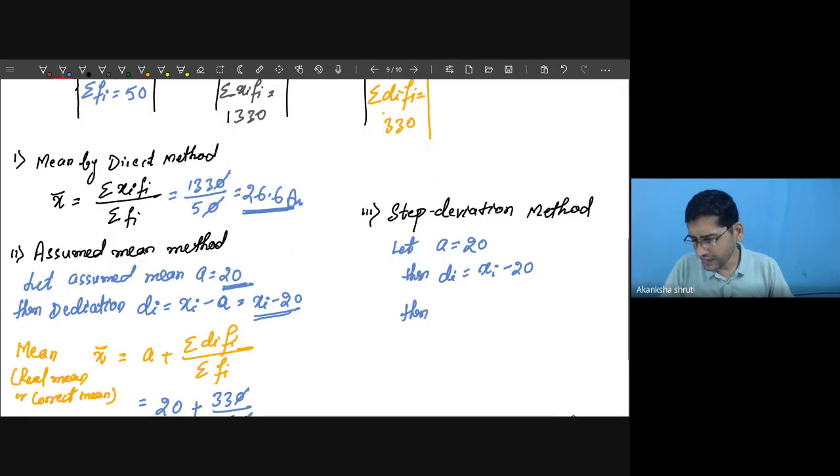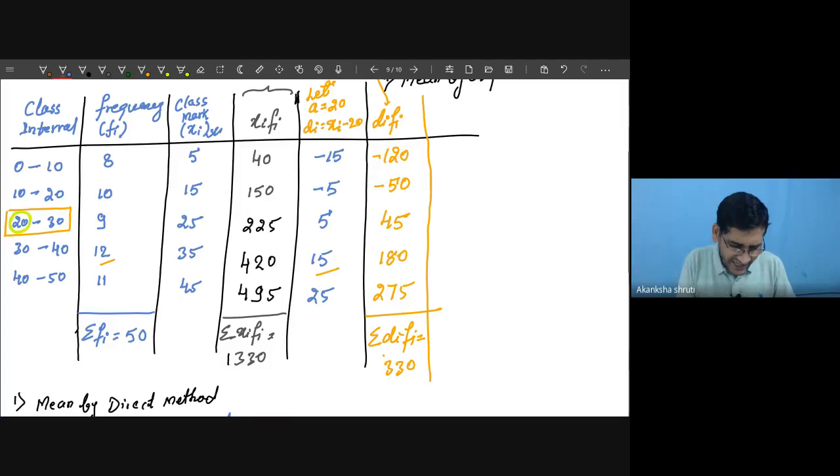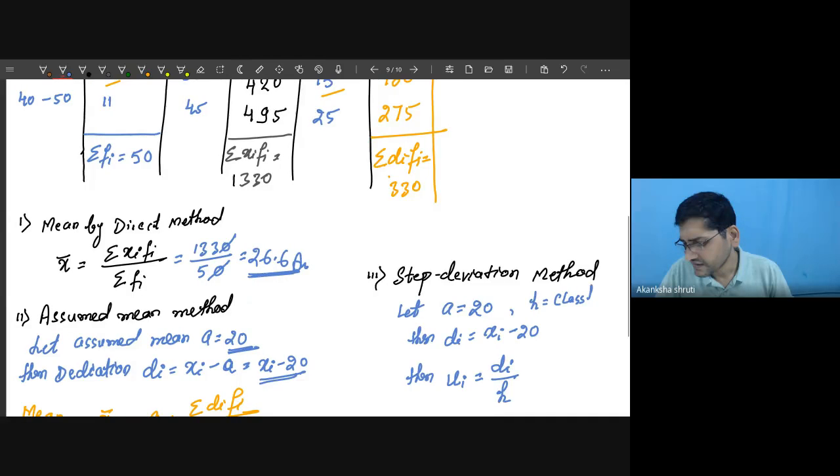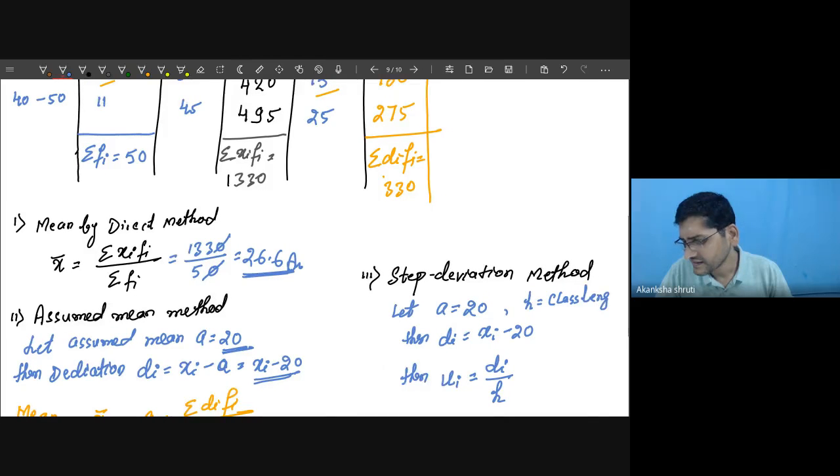Then you need to calculate Ui. How is that? Each of the Di has to be divided by h. So what is h here, that you also write. What is the class length? 10 minus 0 is 10, or any of the class lengths you can take. h is the class length, it is 10 here.